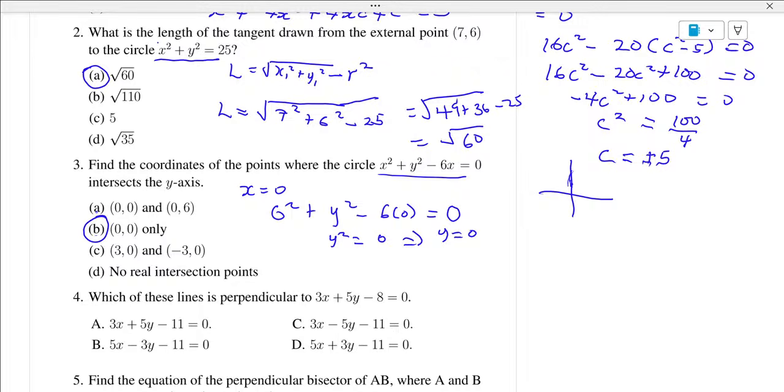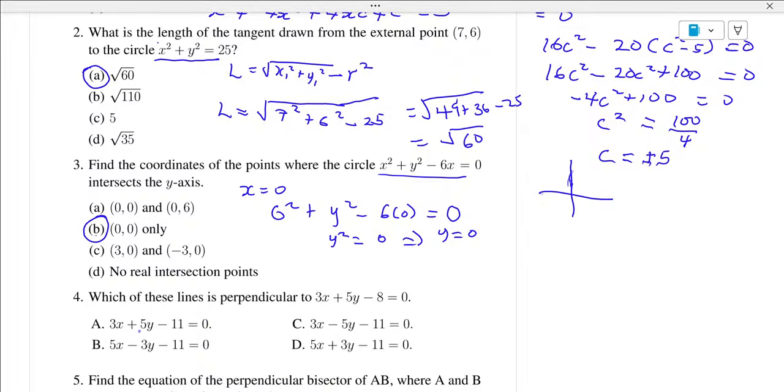All right. Question 4. Which of these lines is perpendicular to the line given to us, that is 3x plus 5y minus 8 equal to 0? Here we don't particularly know the line that is going to give us the perpendicular.